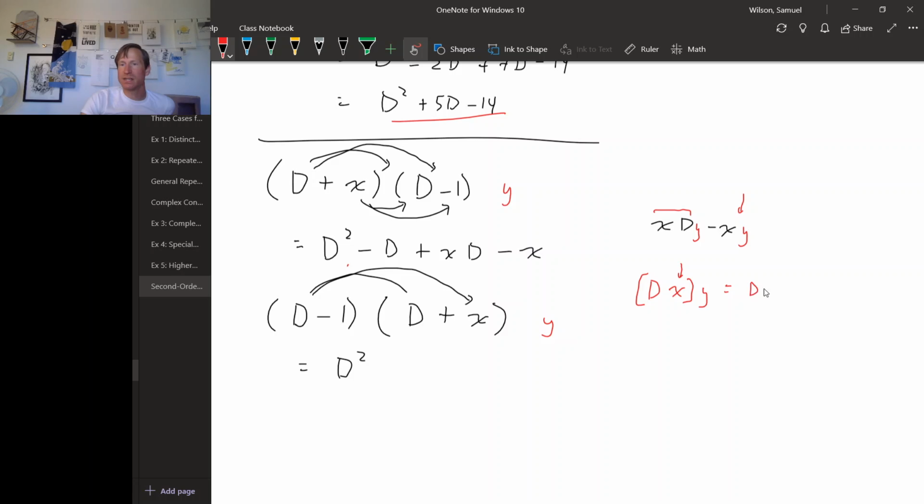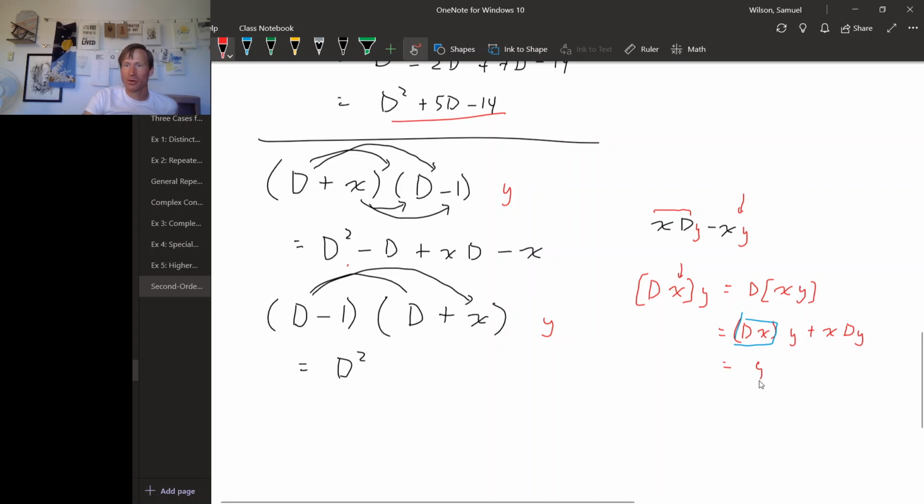So this is D applied to x times y. So we're taking a derivative of x times y, and that's the derivative of x times y plus x times the derivative of y. That's just the product rule. Now this dx genuinely is the derivative of x, and the derivative of x is 1.